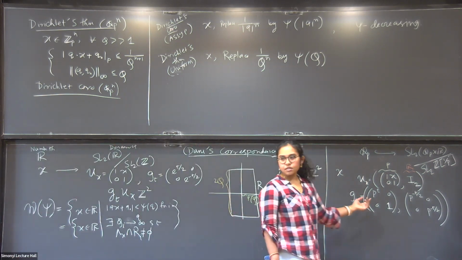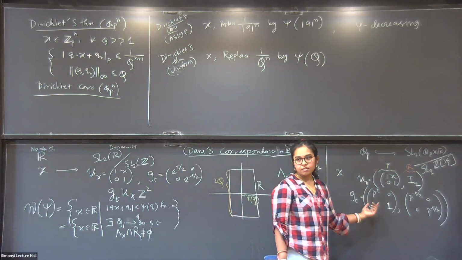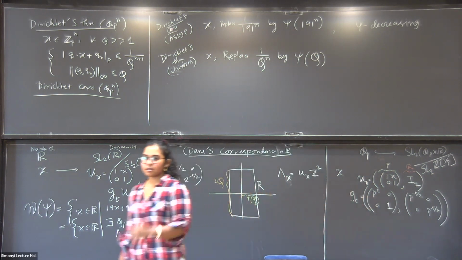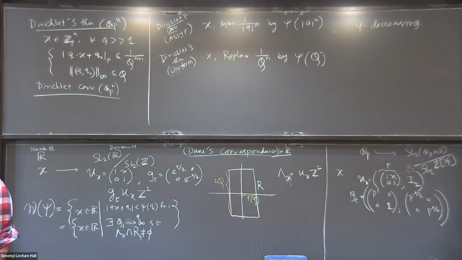You contract. The p-adic part you usually contract. Yes, so you contract because it's p to the power t, where t is an integer. X gets contracted. And then the real part gets expanded.